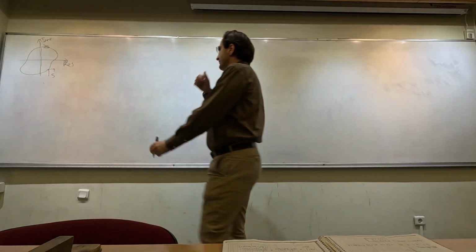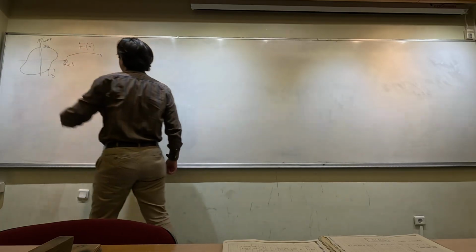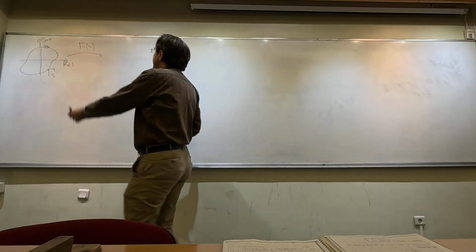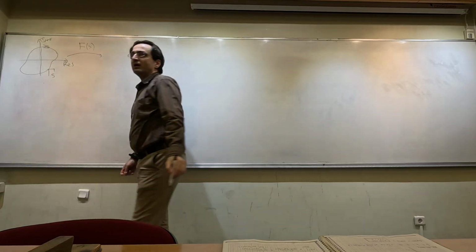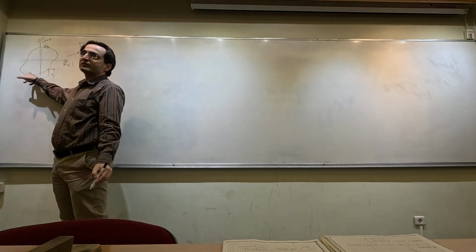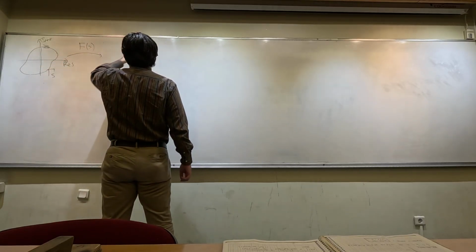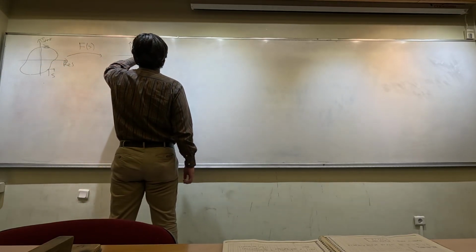And then we have seen that if we transform this contour with f of s, which is a rational function in general, and no zeros or poles of f of s are on this curve, we transform each point on this contour into the f of s plane.